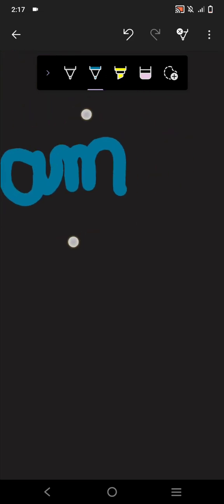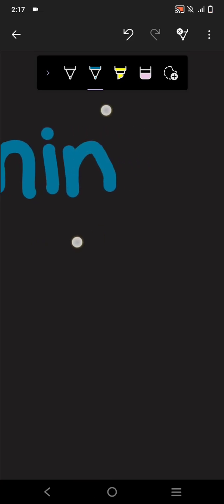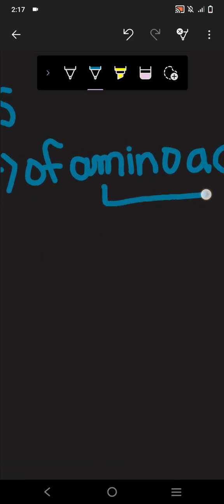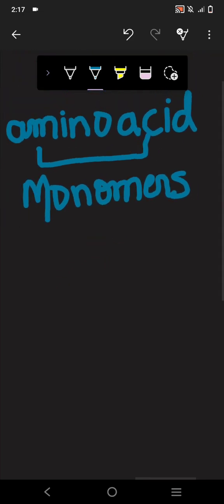We'll discuss the structure of the amino acid as well. When one or more amino acids combine, protein is made. So amino acids are the monomers, because when they combine they make the polymer, and the polymer is the protein.